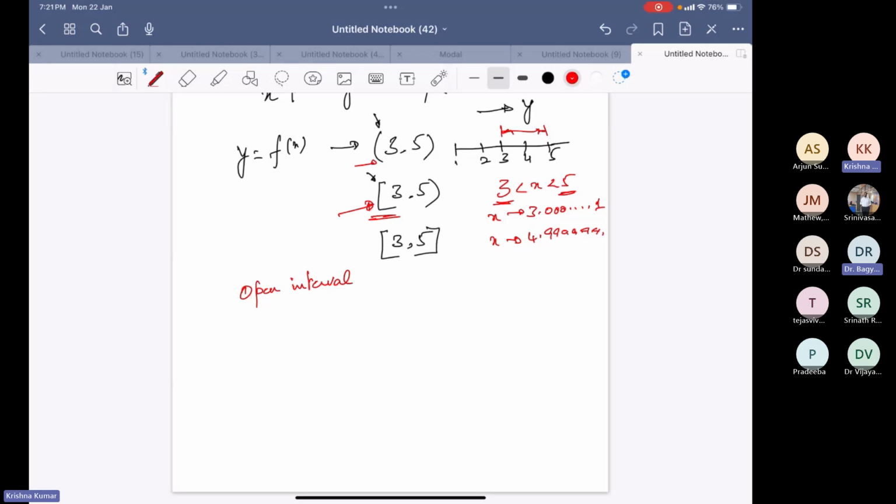So if I now put a square bracket, then my x can take the value of 3. So in other words, x includes 3, x is greater than or equal to 3 and less than 5.